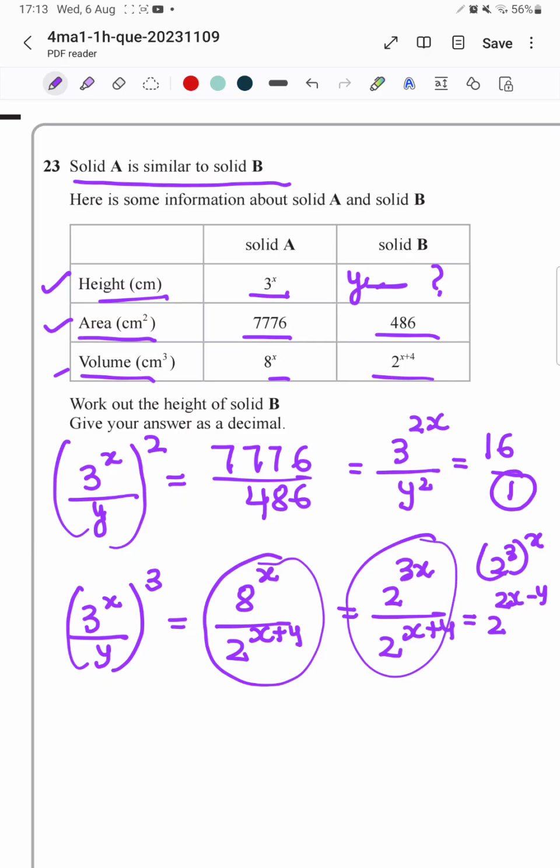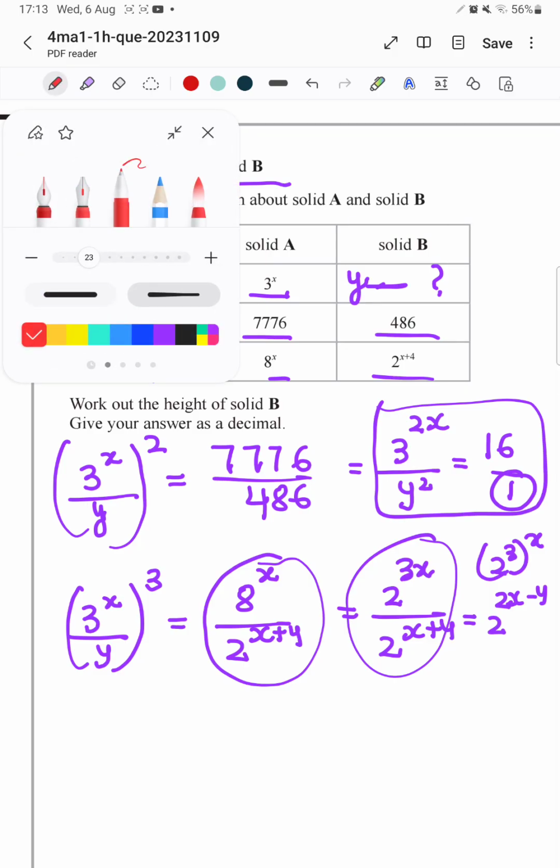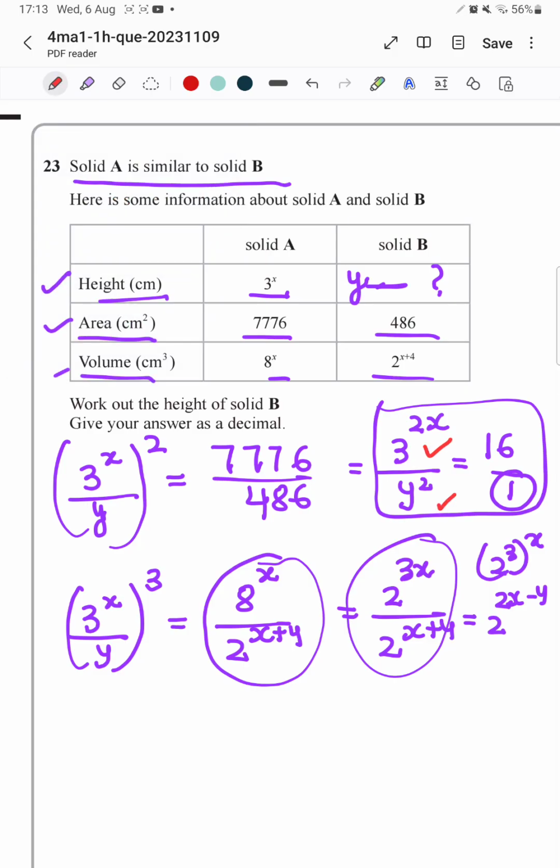And here when you see this, we have 3 to the power of 2x over y squared equal to 16, which means 3 to the power of x over y is equivalent to 4.